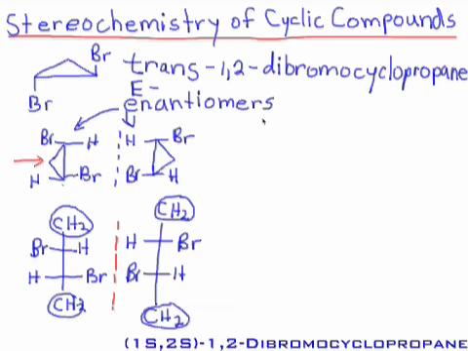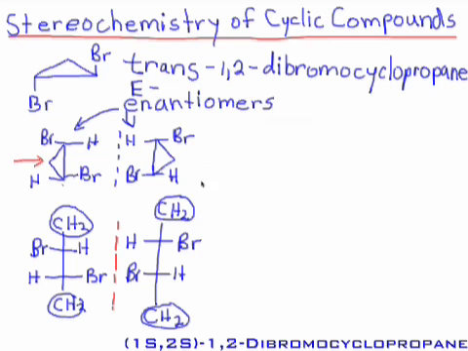That means the name E or trans-1,2-dibromocyclopropane is not specific enough to distinguish between these two enantiomers because they're both E or trans. Now we learned the nomenclature to distinguish between these guys is RS nomenclature. How would you name the trans isomer using RS nomenclature?